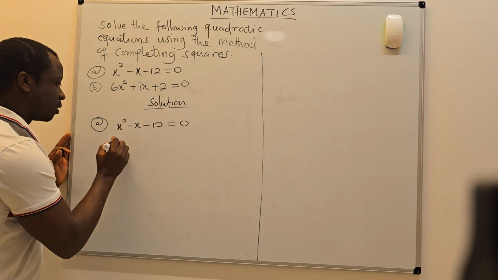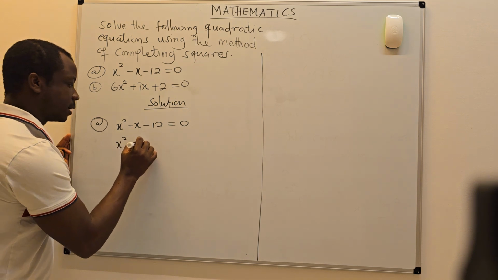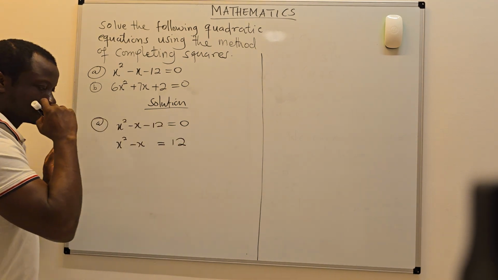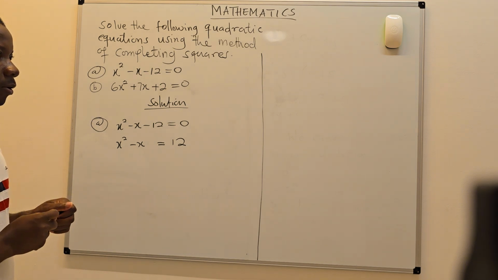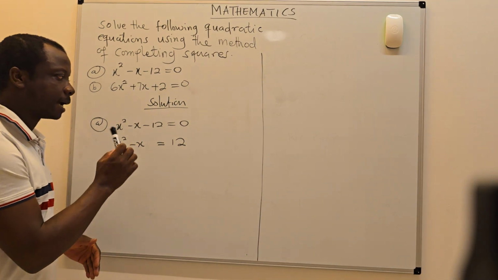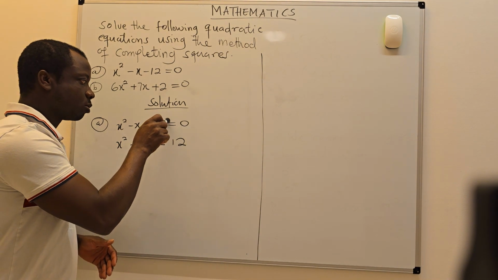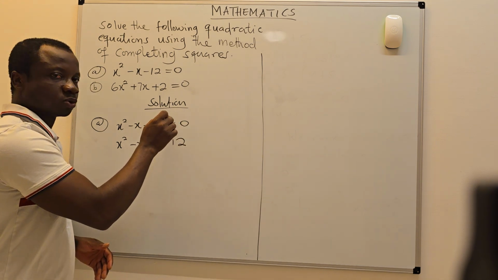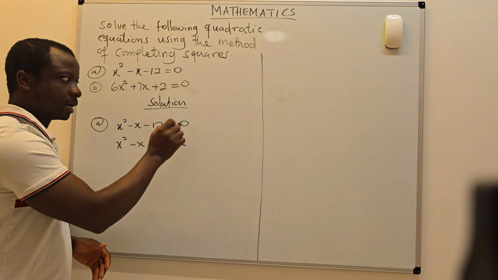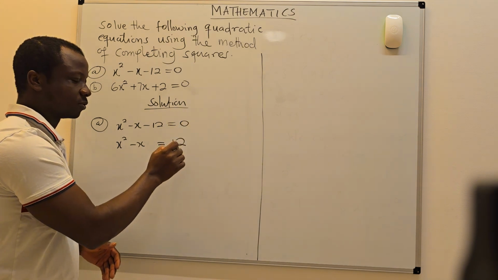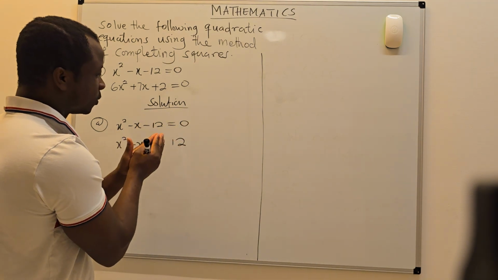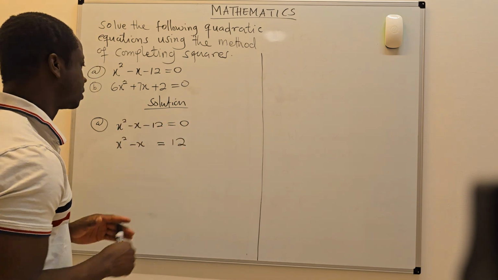So I'm going to have x squared minus x equal to positive 12. This is the same as adding 12 to both sides: negative 12 plus 12 is 0, and 0 plus 12 is 12.